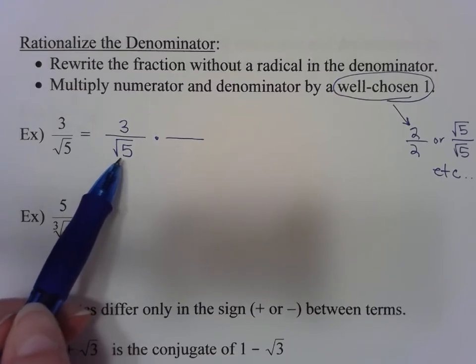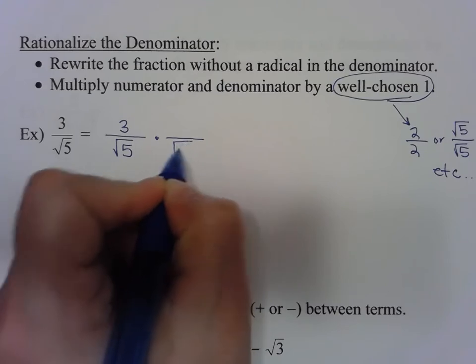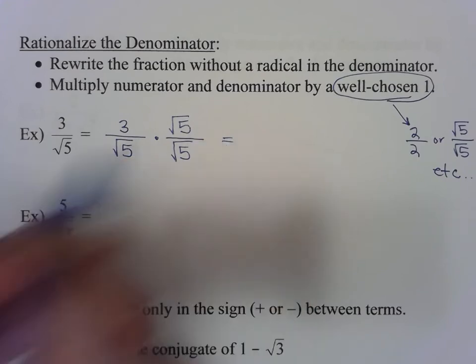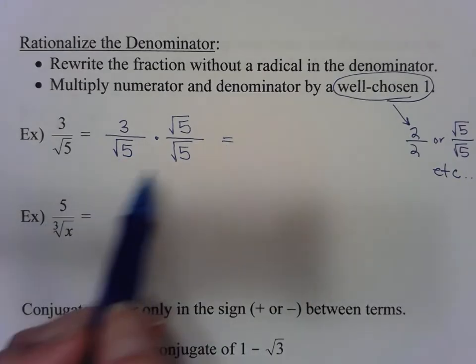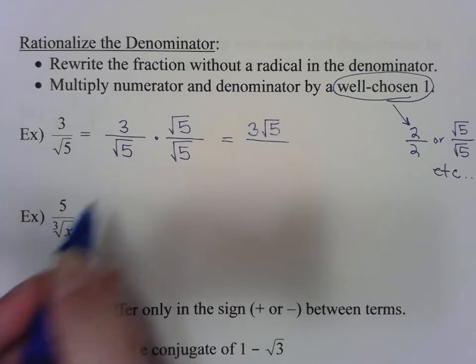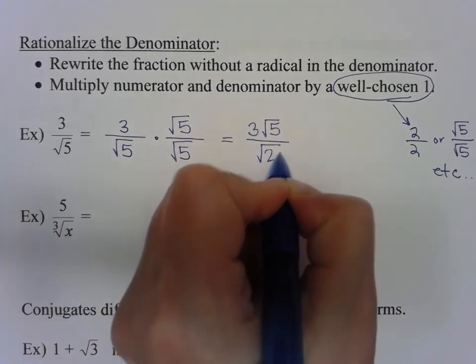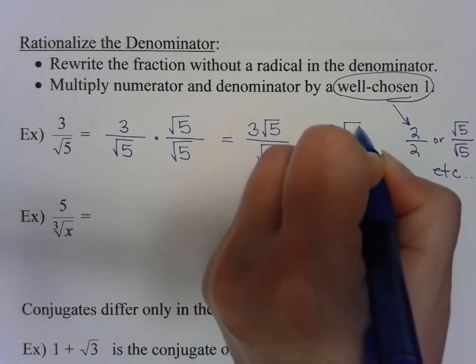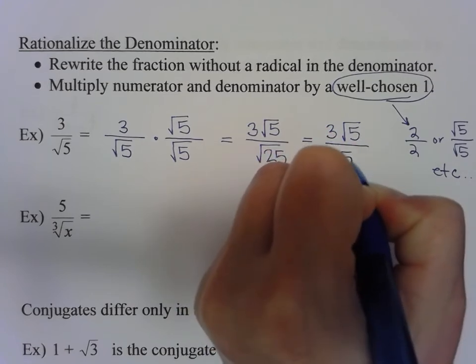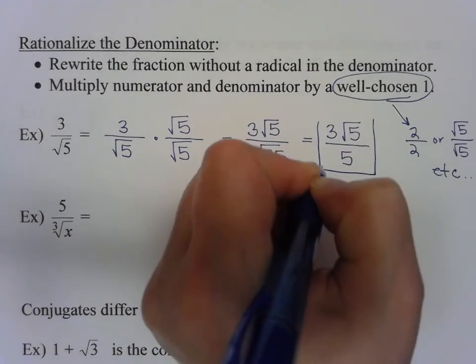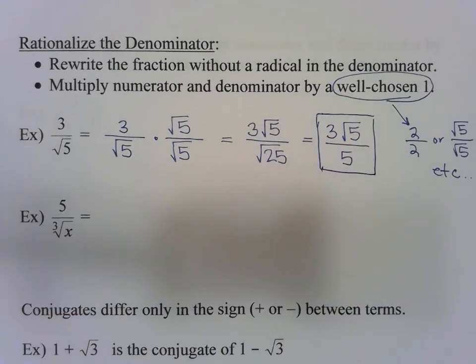I have one factor, I need another factor that looks like it, so that when I multiply across, I'll have 3 square root of 5 on the top and the square root of 25 on the bottom, which I can take the square root of because now it's a perfect square. That was my whole reason for doing this, right? And so I get something that is equal to the original value but does not have the square root on the bottom.